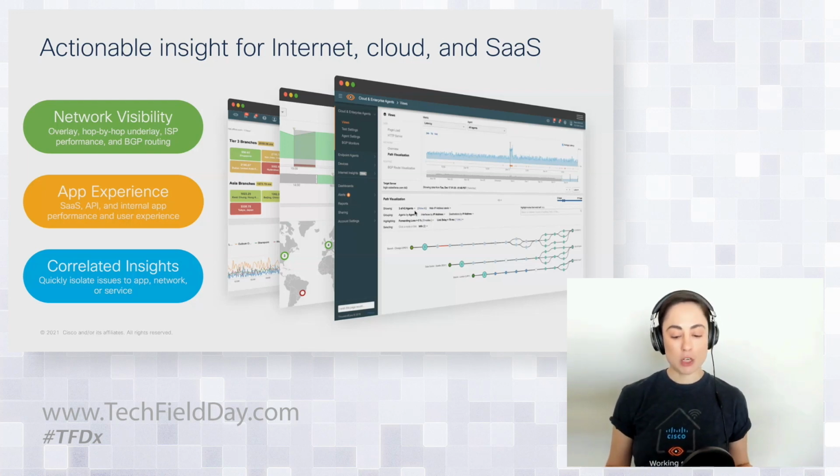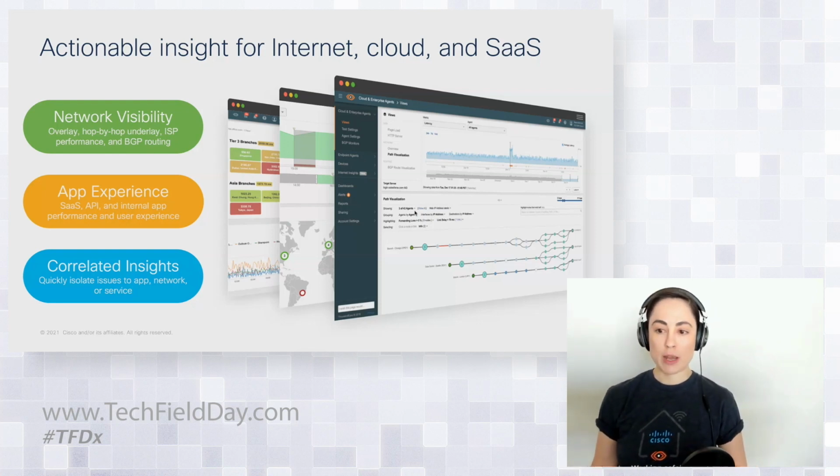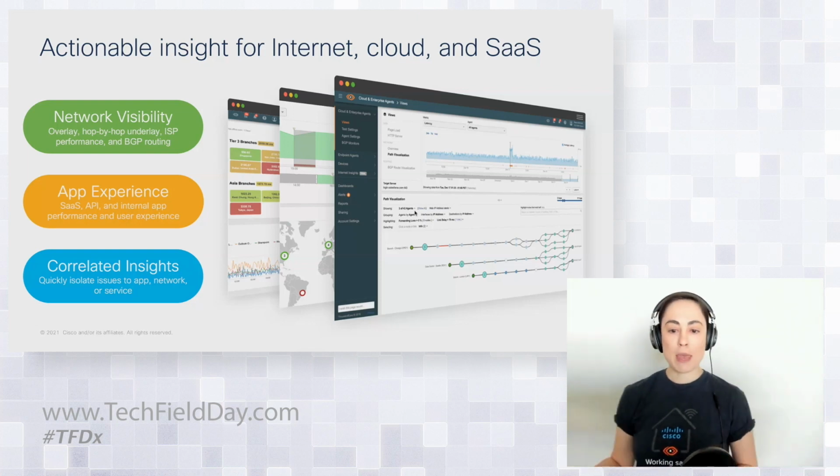And because a lot of applications today are being delivered from the cloud, they're connecting over the internet, so ISPs and transit providers, as well as cloud provider and SaaS provider networks. And all of these domains are outside of the management and control of IT. And that becomes a challenge in terms of understanding how you can address issues and ensure a good experience for users. So ThousandEyes is focused on these external environments.